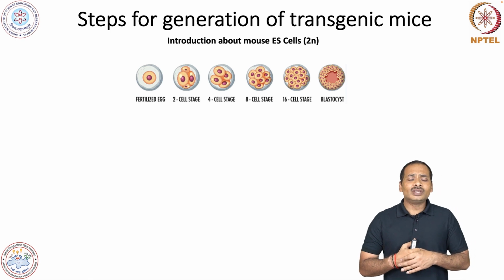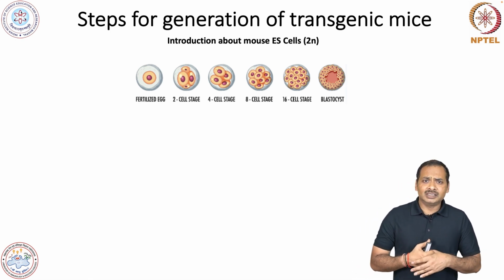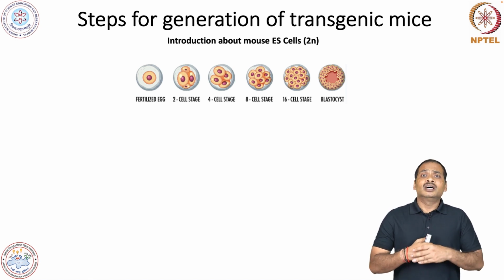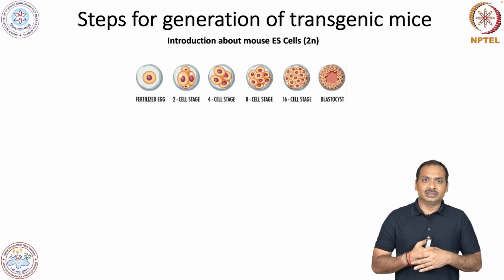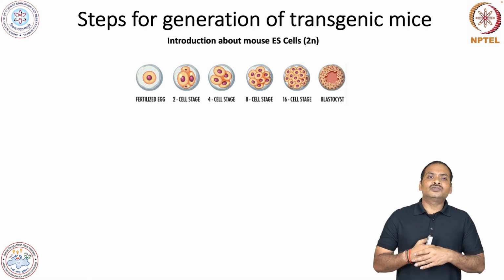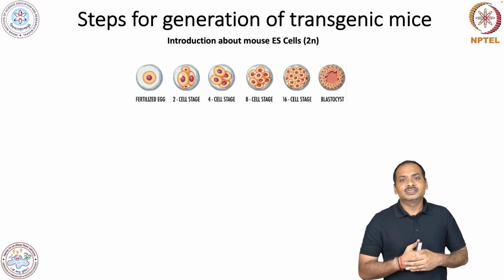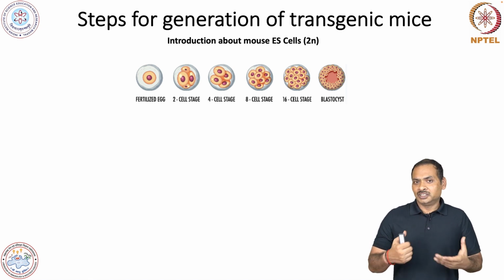In addition, there are several challenges and several special things needed for the maintenance of embryonic stem cells. The first and foremost important thing is that these embryonic stem cells can grow in dishes.